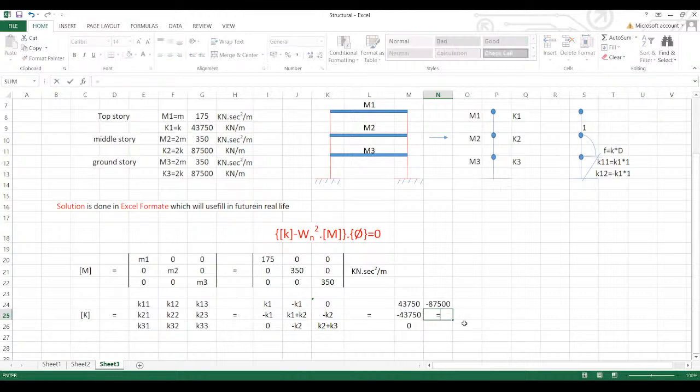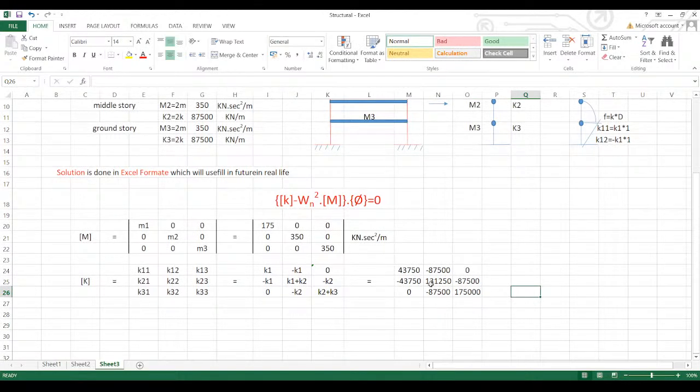Then K1 plus K2, and again minus K2 is equal to minus K2, and again 0, and minus K2, and K2 plus K3 is equal to K2 plus K3.